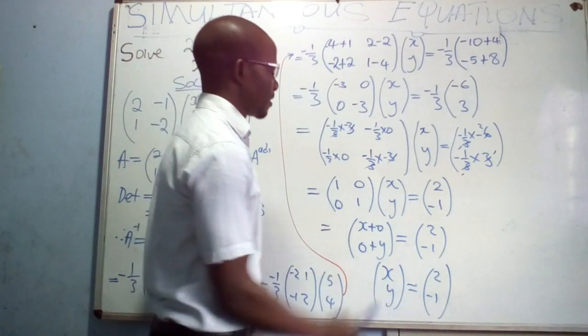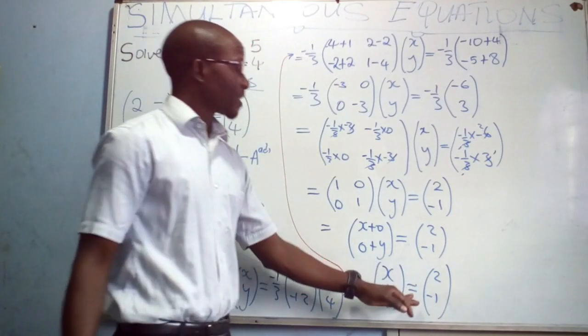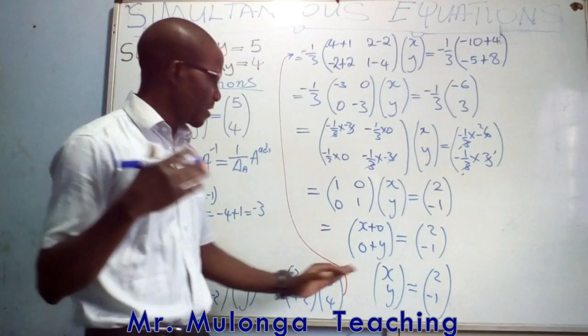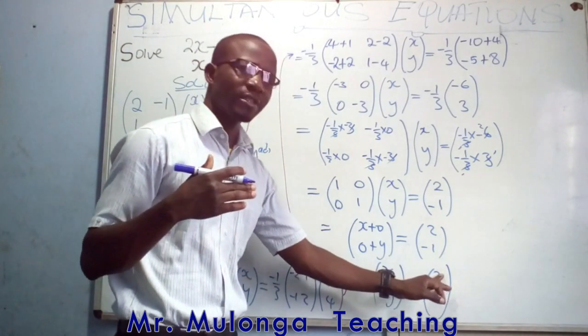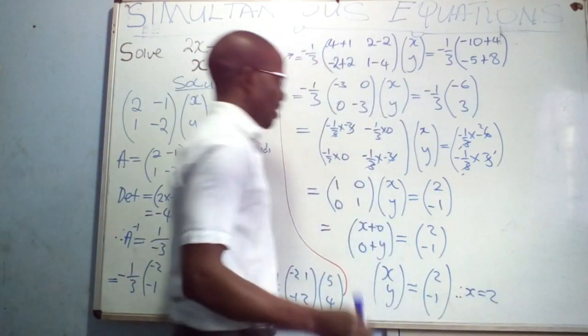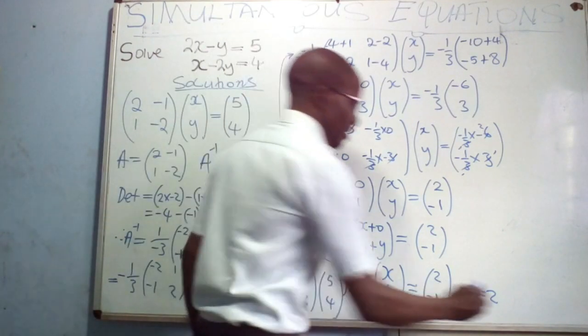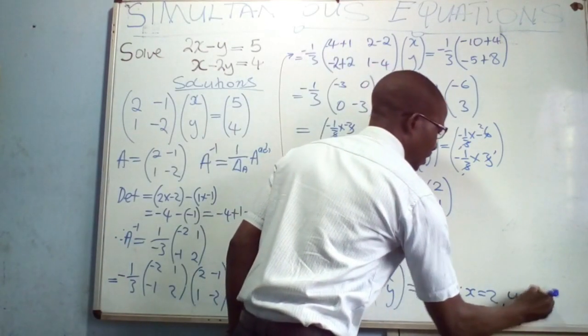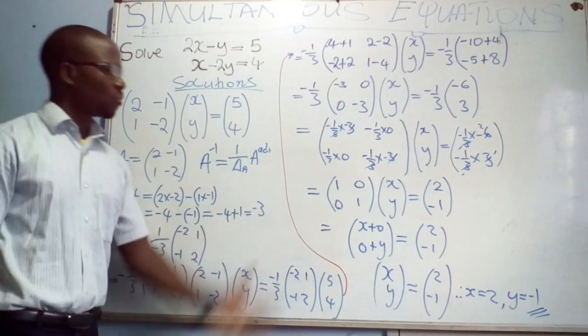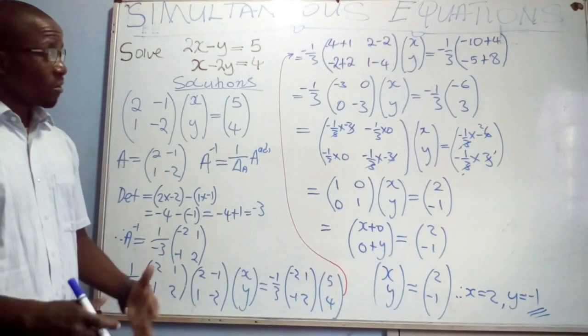At this point, the equal sign shows that what is on this side is equal to what is there, meaning x is equal to the first term. Therefore, x is equal to 2, y is equal to the second, and y is equal to negative 1. These are the answers. So x is equal to 2, y is equal to negative 1.